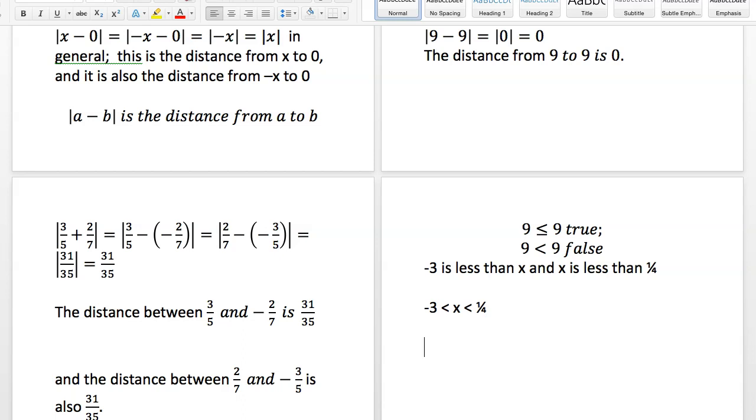You've got to turn it into that. And let me use a comma just for prettiness. So we have -3 is less than x, and x is less than 1/4. And then it all falls into place. You need to get used to this, guys, or it'll be hazy to you.